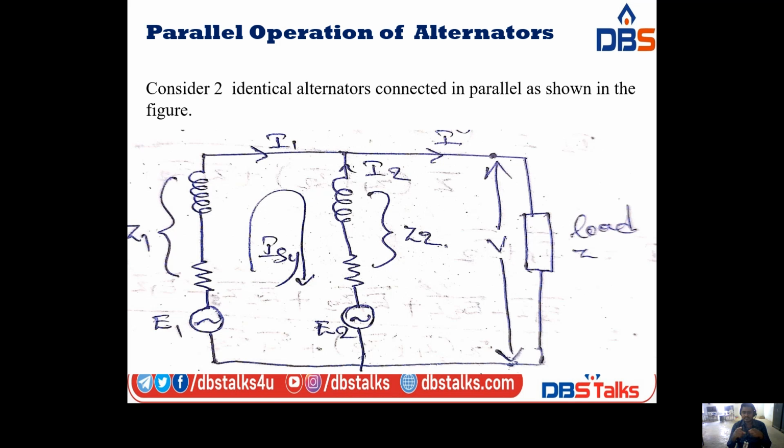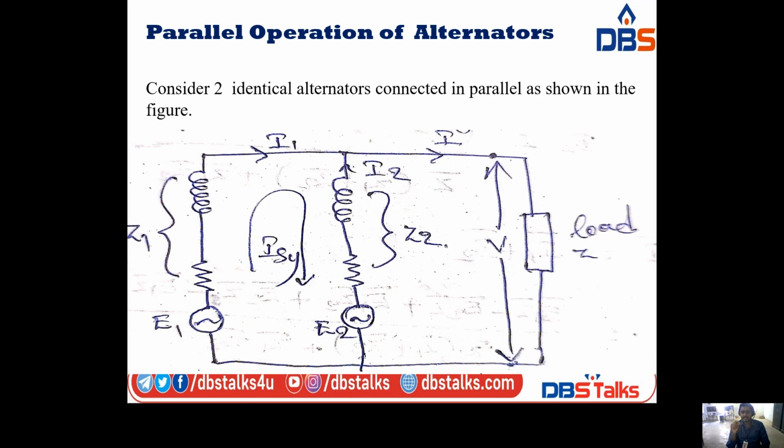Each has an EMF value, E1 and E2, and a combination of resistance and inductance, that is the impedance of the first alternator, Z1. The same combination is given to the second alternator, Z2, the synchronous impedance of alternator 2. It circulates a current, ISA, the synchronizing current.